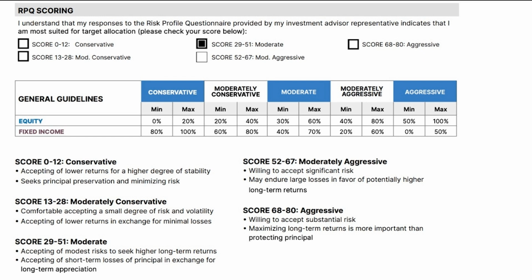The first question, and the most important, is how do you define your own risk tolerance? Are you conservative, moderate, aggressive, somewhere in between? Then there are a myriad of other questions that follow and really try to define what your risk tolerance is.